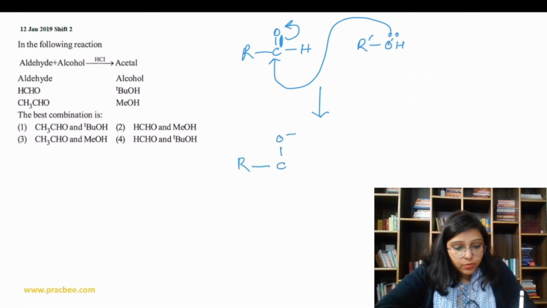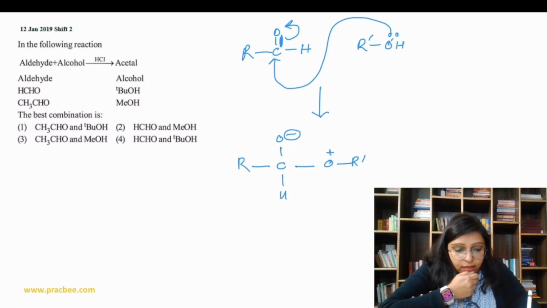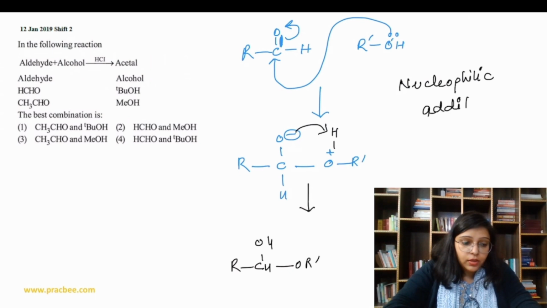So we get RO minus, this is H, and here we write O positive R', and here we have H. Now this oxygen takes this H plus, so we get RCH(OH)OR'. So this reaction is a nucleophilic addition reaction.